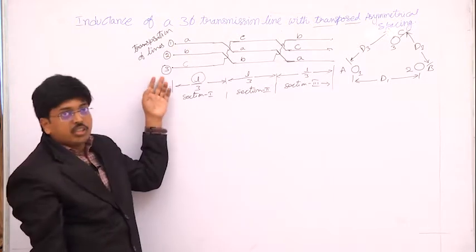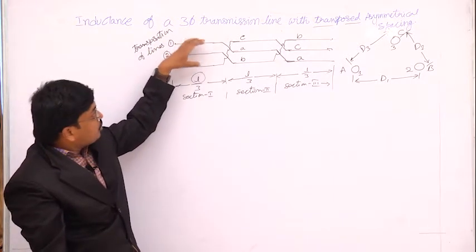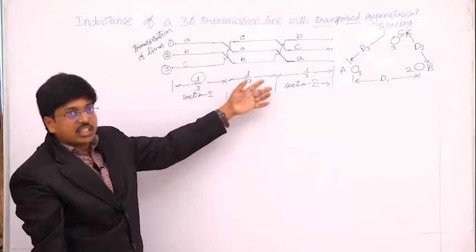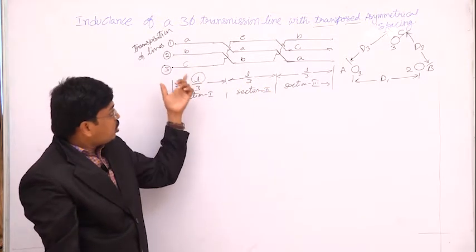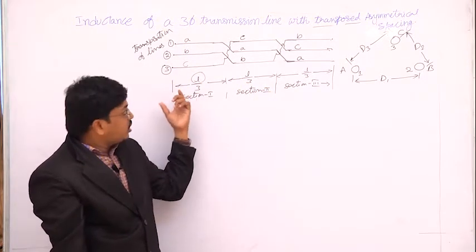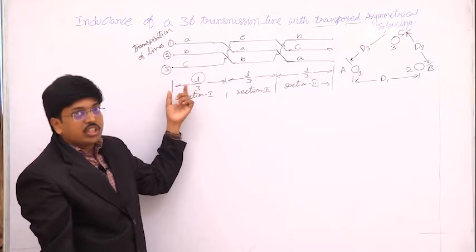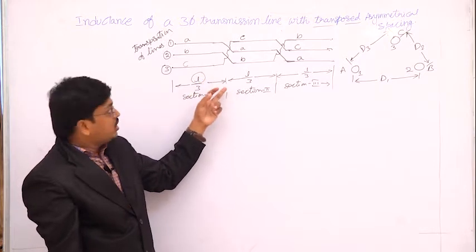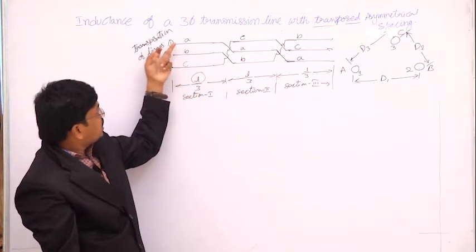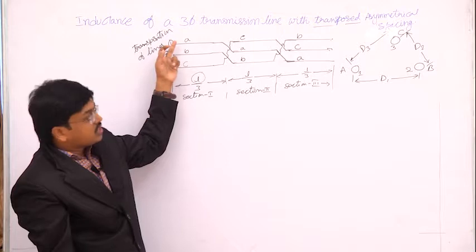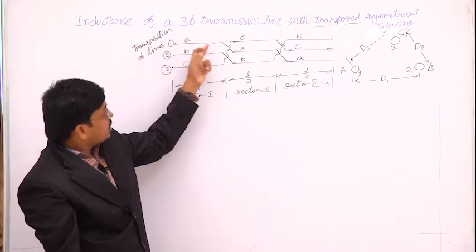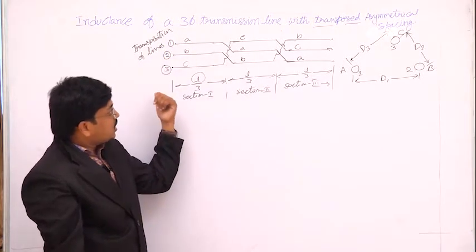In this manner we are transposing each and every phase across three different sections. The entire transmission line is divided into three subsections, each having 1/3 of the total length, and each phase conductor occupies every position in the sections. So this is the transposition.